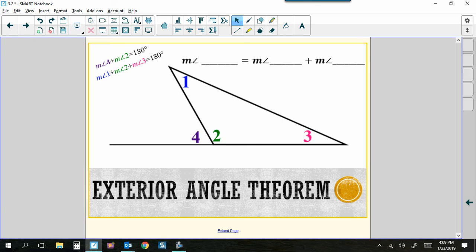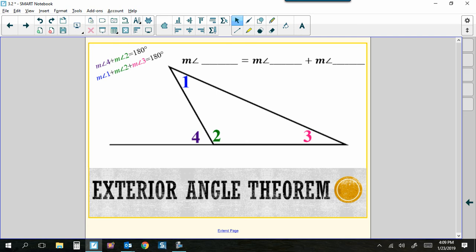So if both the left sides are equal to 180, what would we know about the two left sides? If they both equal the same thing. That they must equal each other. I was going to say we could substitute, right? So we could substitute in the left side up into 180. So then we would have angle 4 plus angle 2 is equal to angle 1 plus angle 2 plus angle 3.